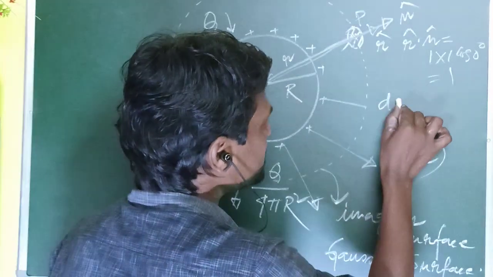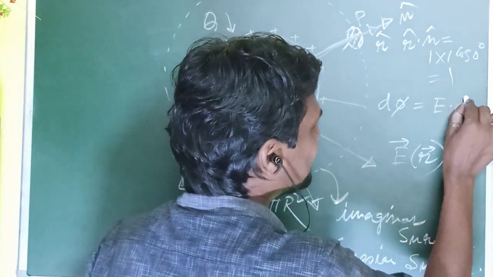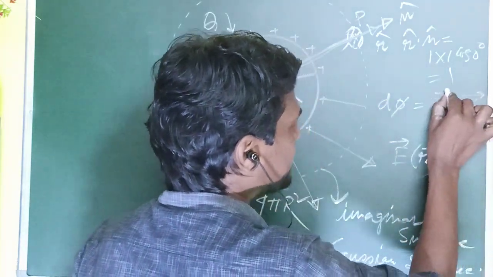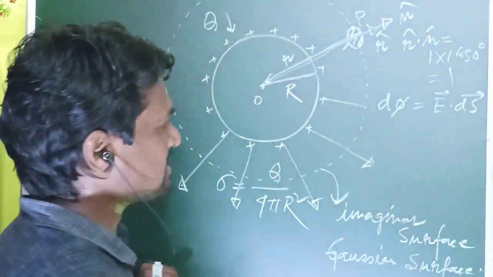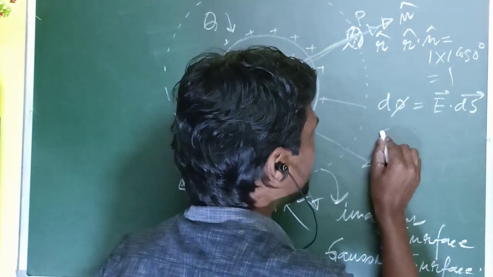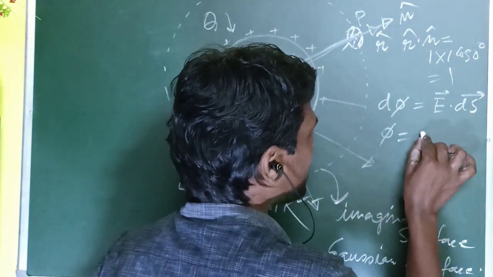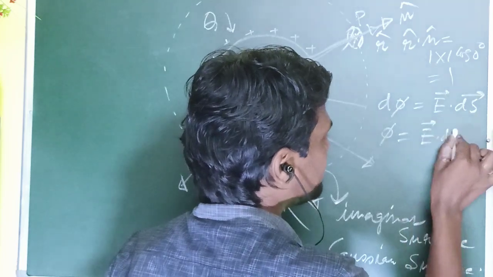So Gauss's theorem, d phi equals E dot ds. From the definition of flux, we can write d phi equals E dot ds, and phi equals the closed integration of E vector dot ds vector.